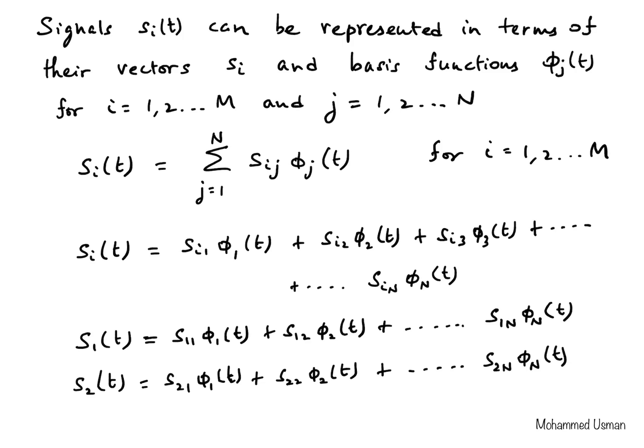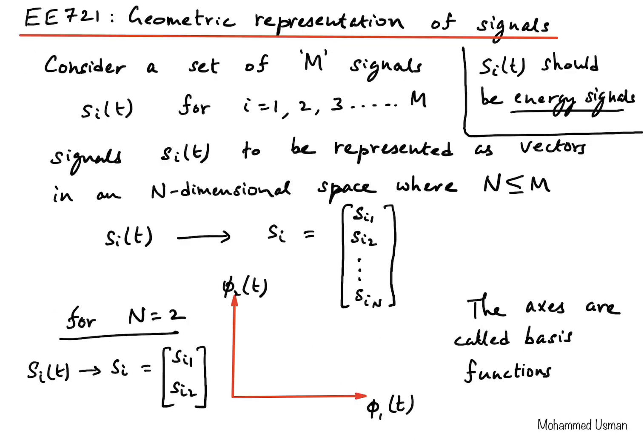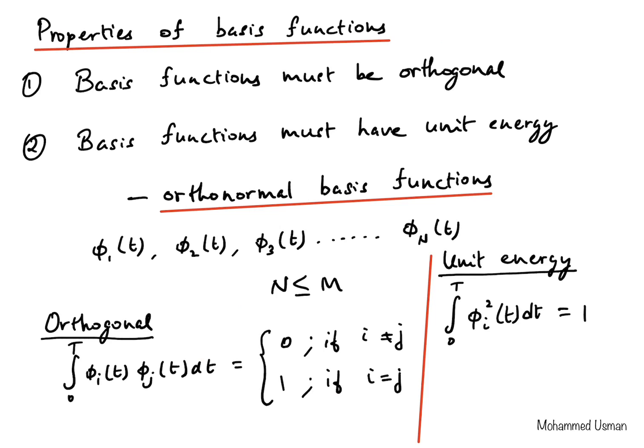Now these elements of Si, how do we get these numbers? The elements of the vector representation of the signal Si of t, how do we compute those elements? Basically, how do we find the values of Si1, Si2, Si3 up to Sin? What is the definition for them?